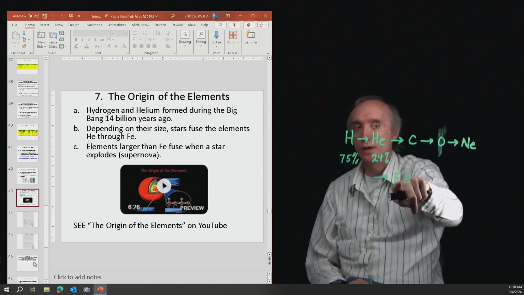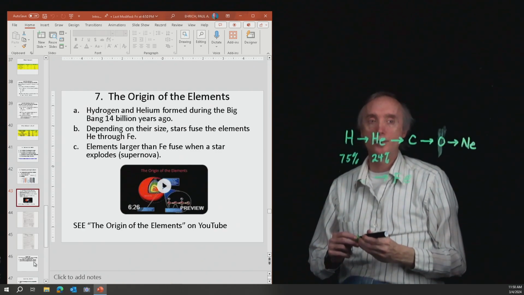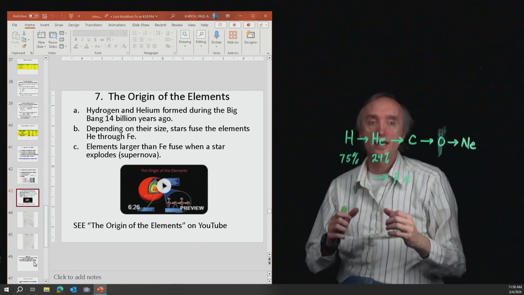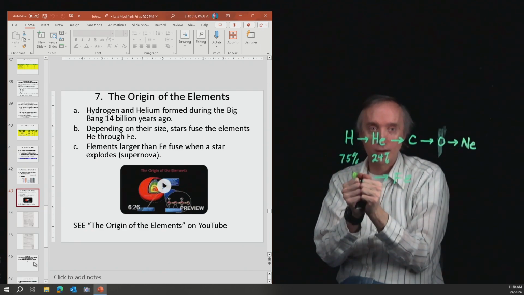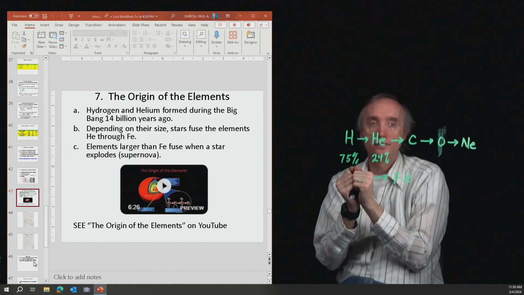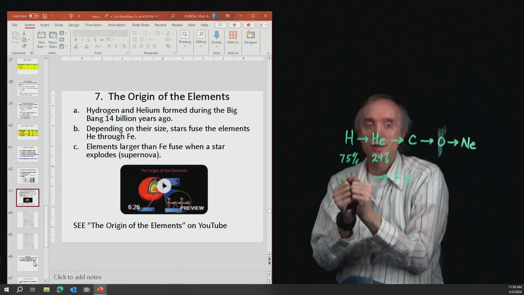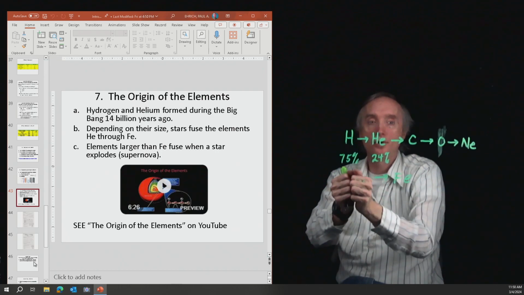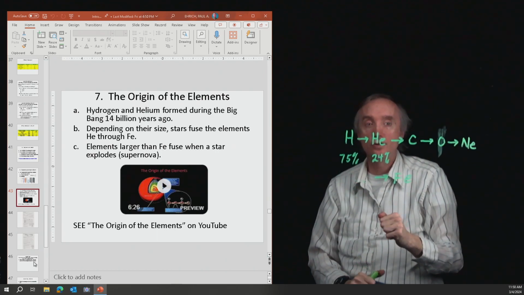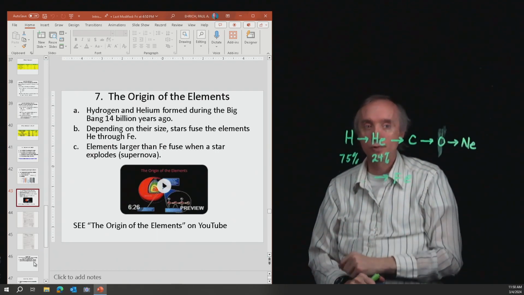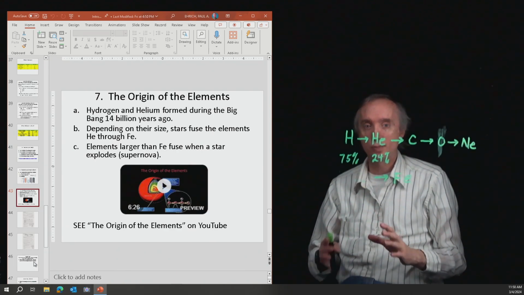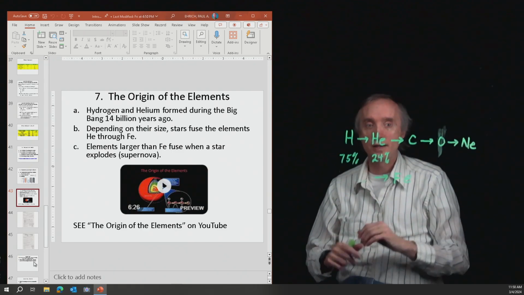But this is really bad because, do you remember when we talked about iron, we said that if you take iron and you smash it, that would be nuclear fusion, it does not produce any energy. And if you take iron and you pull it apart, that's going to be nuclear fission, it doesn't produce any energy. So that means that the nuclear explosions are going to die down.